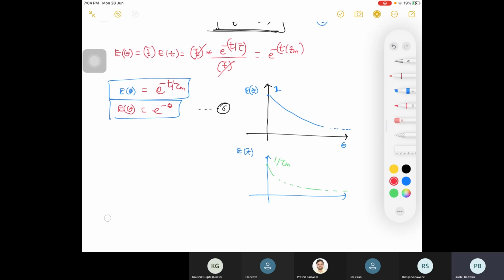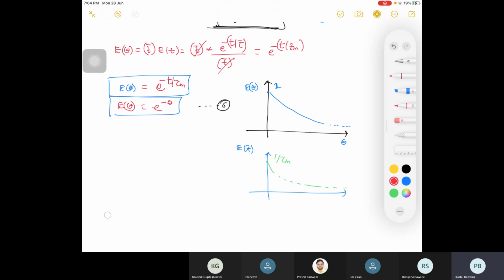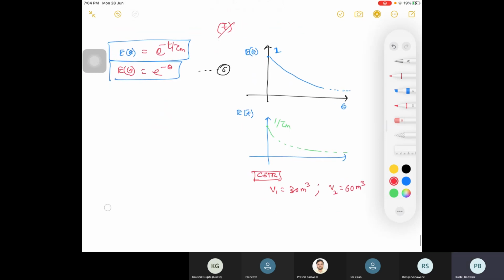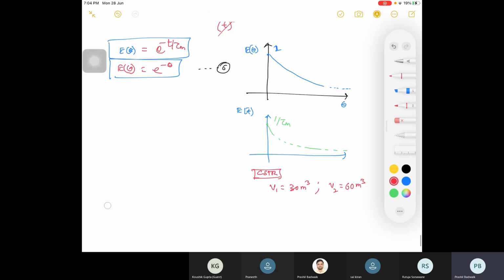Can you please tell me, if I am taking two CSTRs, one having volume 30 meter cube and another having volume 60 meter cube, and the volumetric flow rate in both is the same, say 30.